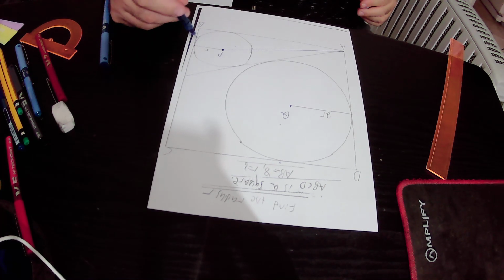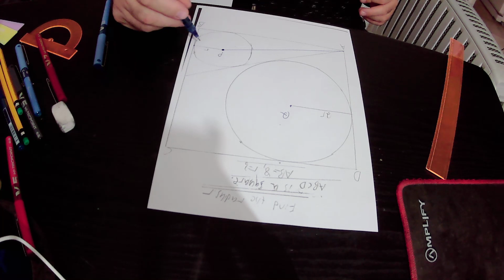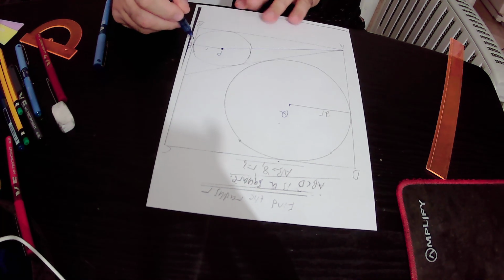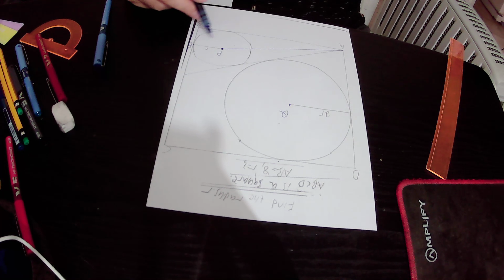Actually, we will define the touching point between tangent BC, this tangent to the small circle, as point E. Point E is the point of tangency of tangent BC with this small circle, and we have radius PE that is drawn to the point of tangency, that is to say, it is drawn to point E.